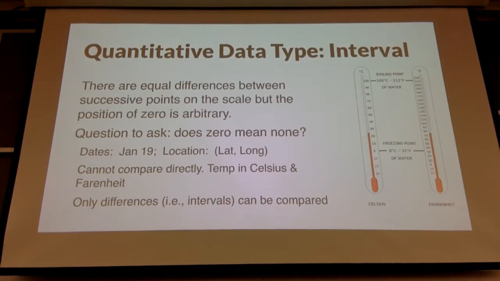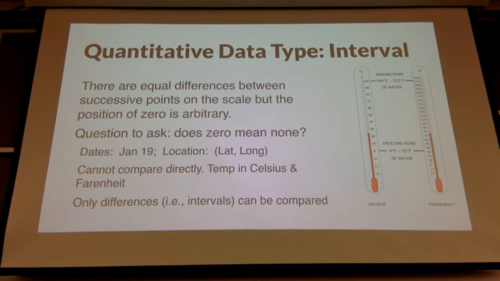For quantitative, there are two subcategories, and that's something that's maybe not as intuitive as the previous slide. We distinguish between interval and ratio when we talk about quantitative data. In interval data there are equal differences between successive points on the scale, but the position of 0 is arbitrary.